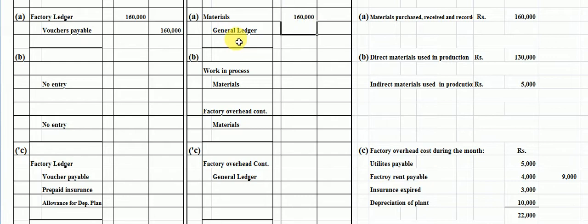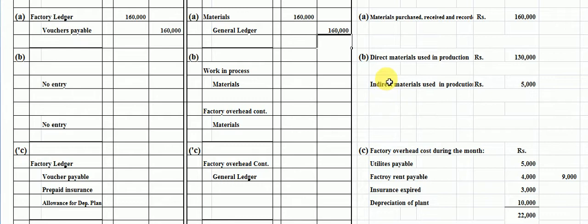Now, general ledger is credited in the factory office book because the material is purchased by the general office on behalf of the factory, 1,60,000 rupees credit. Dear students, this is the first transaction which has been passed in both the books of head office and factory office.